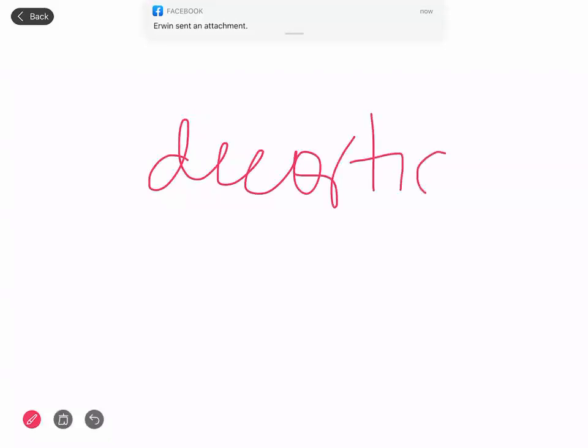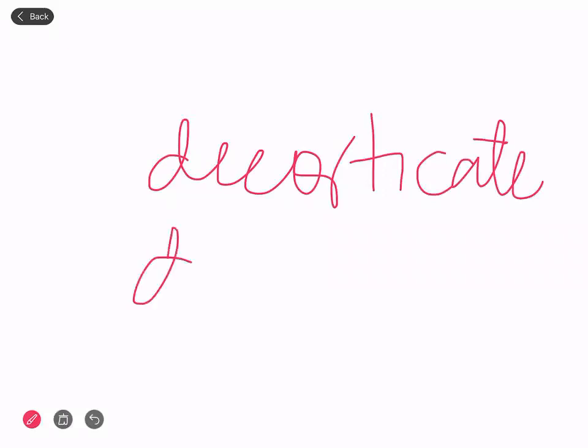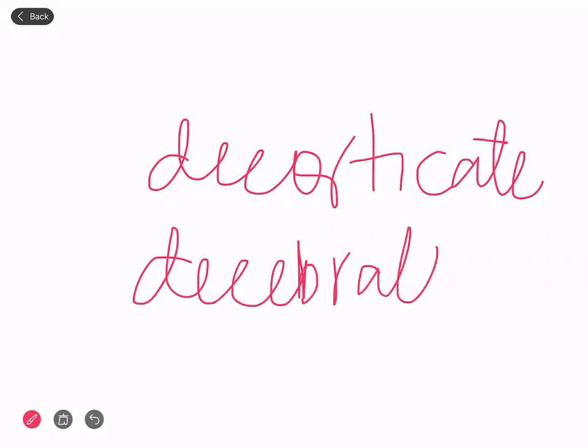It's in the midbrain. So any lesion above the red nucleus will cause decorticate posturing, and any lesion below the red nucleus will cause decerebrate posturing.